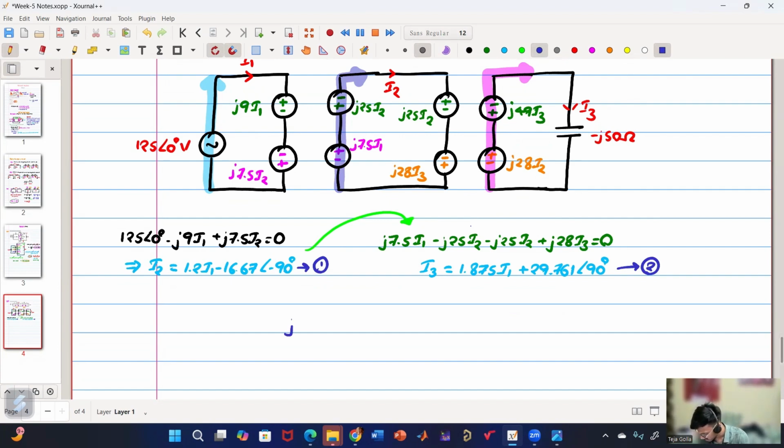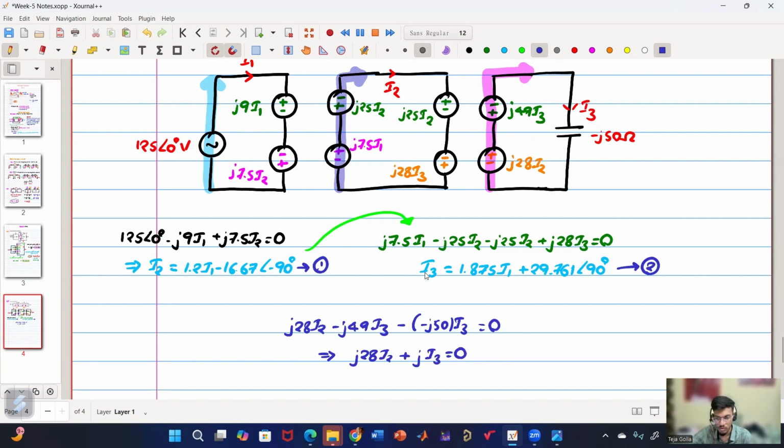So J28 I2, then minus J49 I3, then plus J50 I3, since it will be minus of negative, minus minus of minus J50. Yes, very good. Equal to 0. So now if you do this, you will get J28 I2 plus J I3 equals 0.